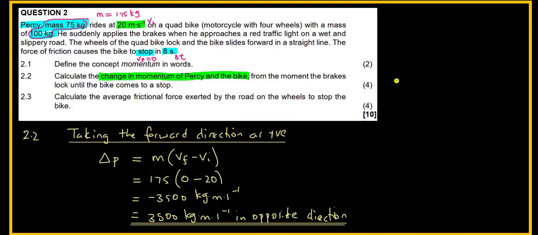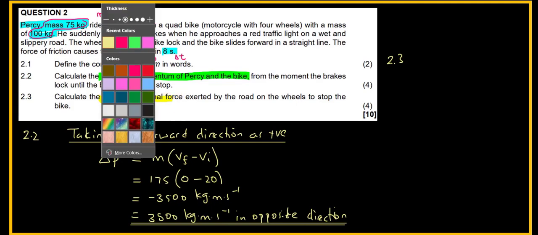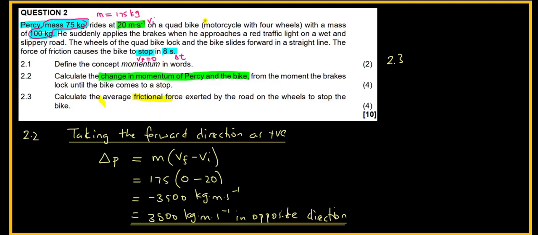2.3, now we want to calculate the average force, right? Determine the average frictional force. So this means that we need to calculate the net force, because the force that will cause him to come to a stop is actually the net force, right?